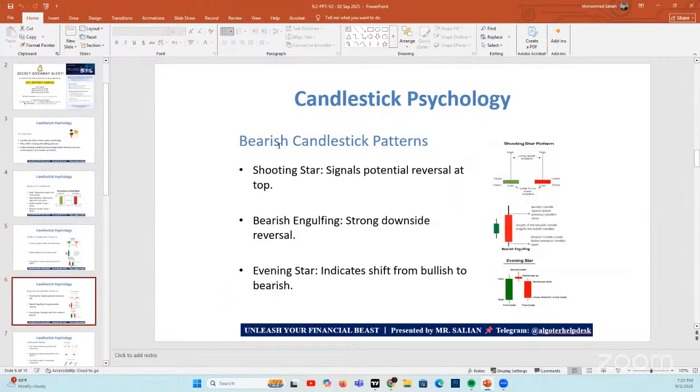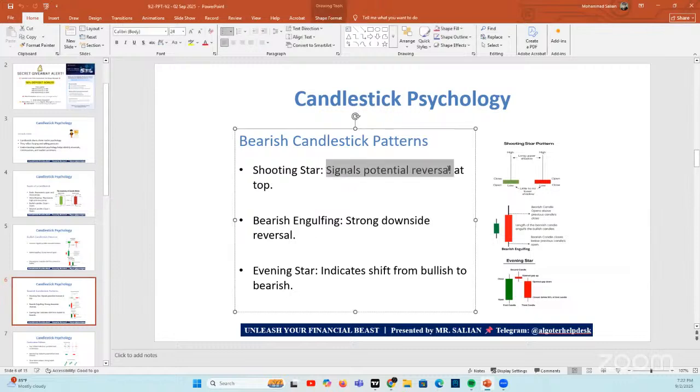So for the bearish candlestick pattern, there's the shooting star. It signals potential reversal at the top. So if it's a bullish trend and you see a shooting star pattern like this, it could be a red or a green candle.